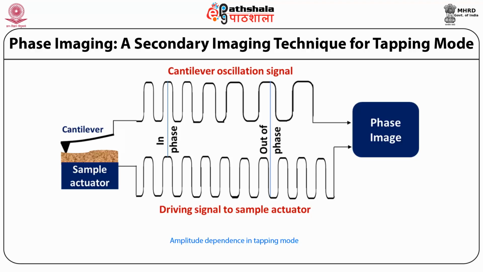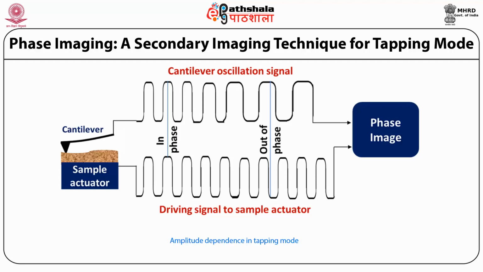The phase signal changes as the probe of the cantilever encounters regions of varied composition. However, the challenge with phase is that it shifts due to a convolution of multiple material properties such as adhesion, stiffness, which is modulus, dissipation, and viscoelasticity.